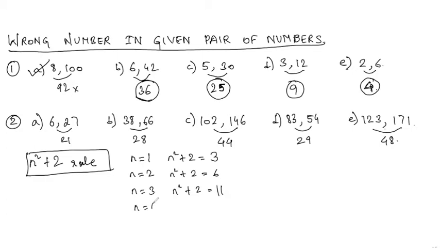N is equal to 4, then what is n square plus 2? 18. Next, n is equal to 5. 27. For n is equal to 6, n square plus 2 is 38.